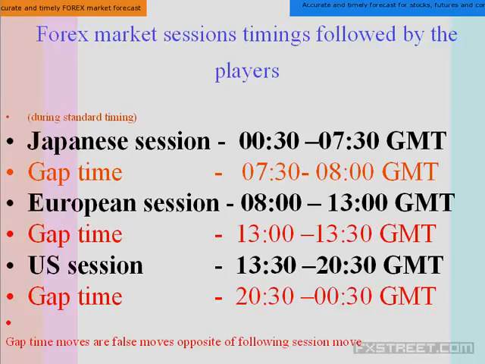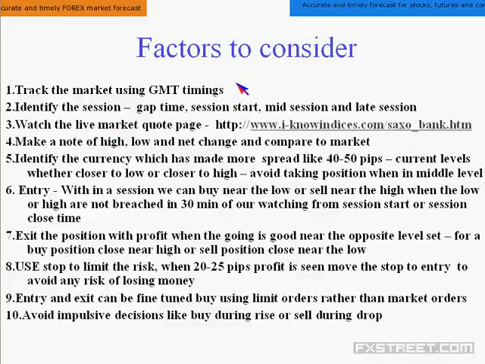Now, coming to the factors to be considered for trading. We have to track the market using GMT time instead of our local time, so that it is easy for us to communicate with anybody in terms of GMT time. Then subsequently, you have to identify what part of the session we are in. The Japanese, European and US sessions are followed by the big players, so we have to follow those timings so that we will be able to understand their market moves.